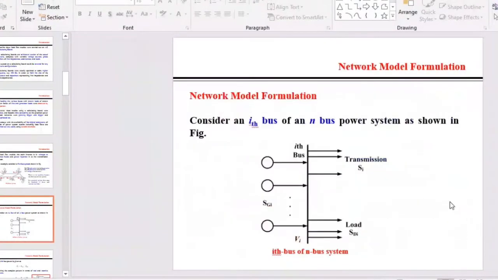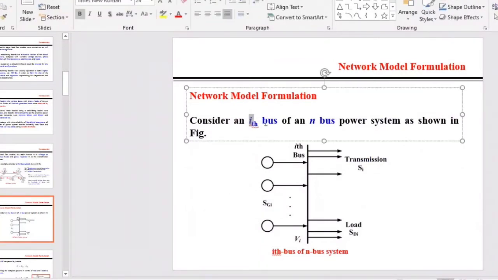Now if we consider the model formulation for power flow study, we consider something very simple for a part of a power system. It might be a complete power system, or it might be a part of a power system, but it does not matter what we do.